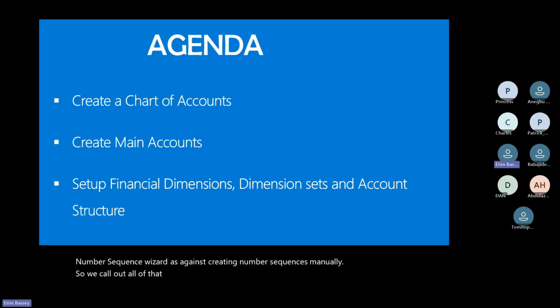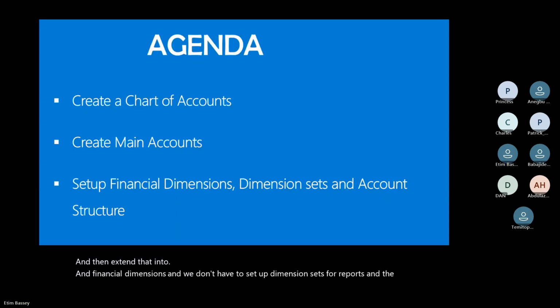Now we are done with provisioning a new legal entity, and we have a number sequence set up. The next thing in the hierarchy will be to set up our chart of accounts, right? Then we move into the main accounts, and then extend that into financial dimensions, and how to set up dimension sets for reports and the account structure.